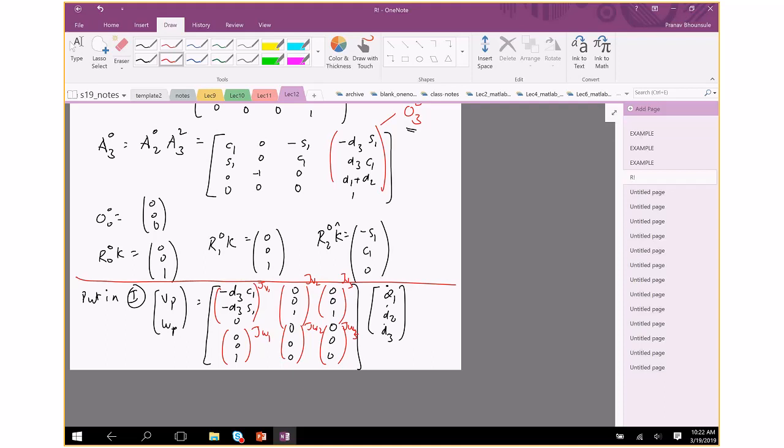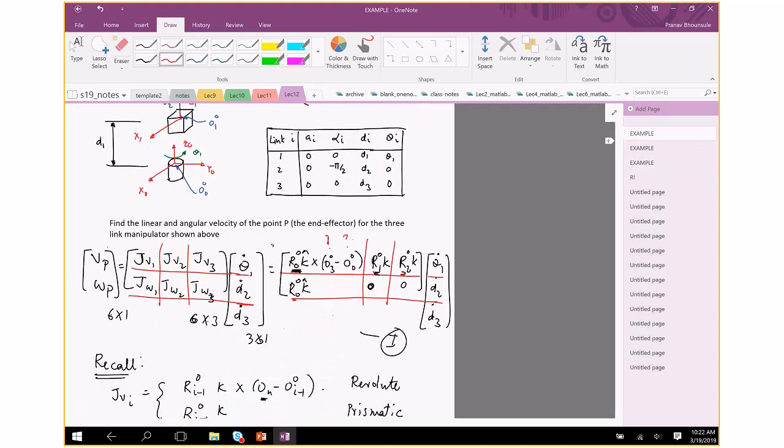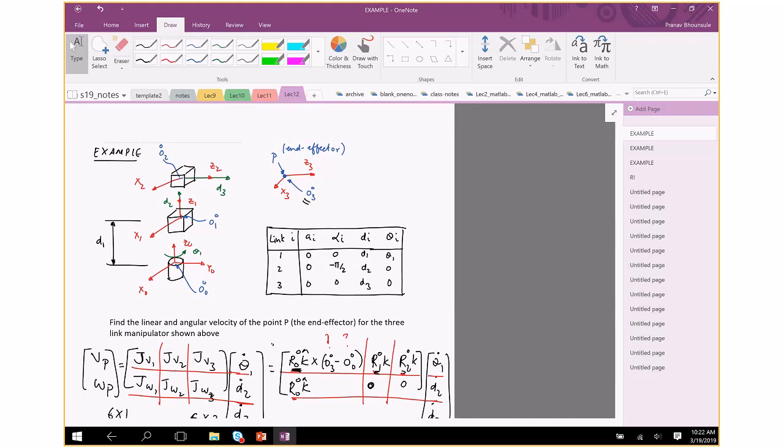So as I said, that's one of the main uses of the Jacobian. You can find the velocities of any point. In fact, in the previous problem I did, I only showed you how to find the Jacobian. You could find the velocity of, let's say, this point, whatever you want. What you have to do essentially is the same.